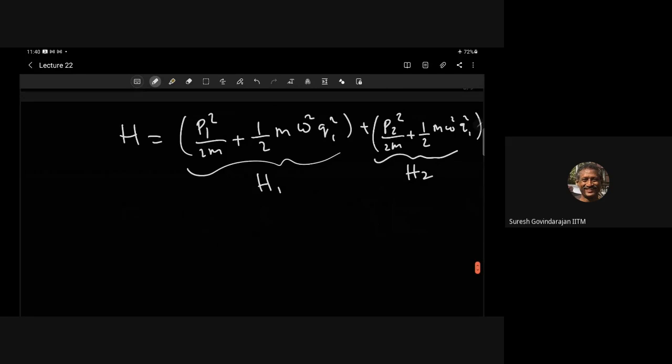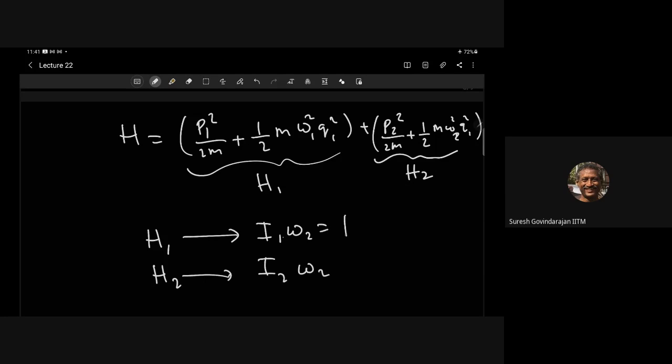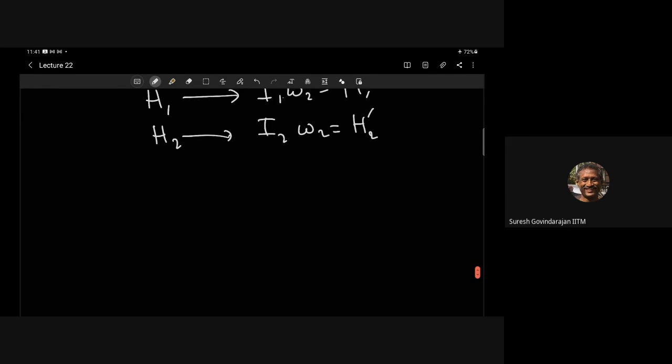So from H1 we can go to some I1. Even if you write omega 1 and omega 2 here, it will go to I1 omega, which is like what we did for the 1D oscillator. H2 will go to some I2 omega. So again, you get a different kind of action-angle variables, which is the Cartesian version of that. This is the first thing.